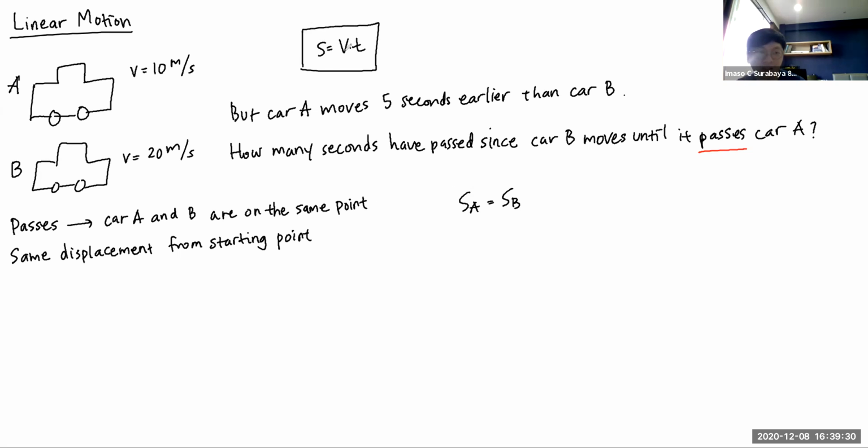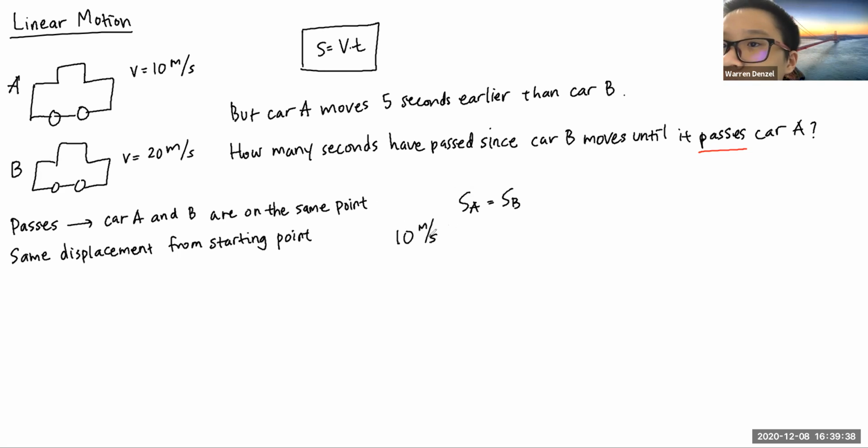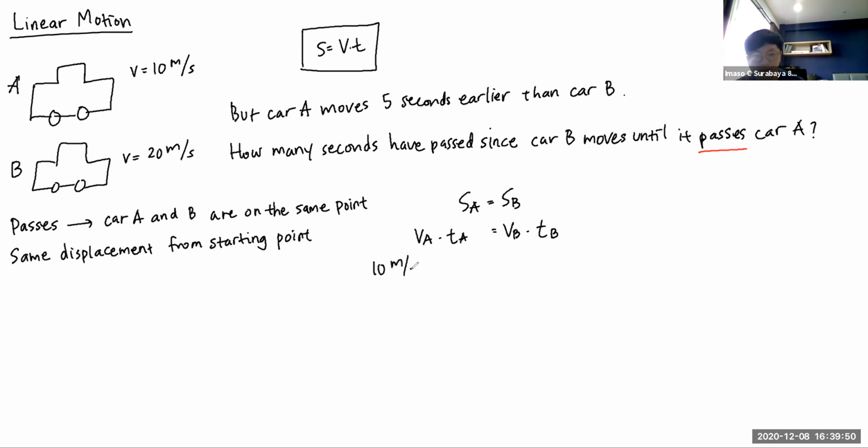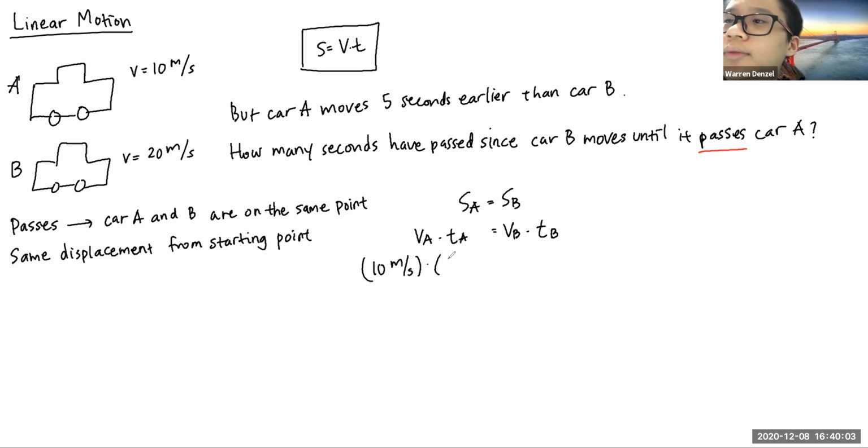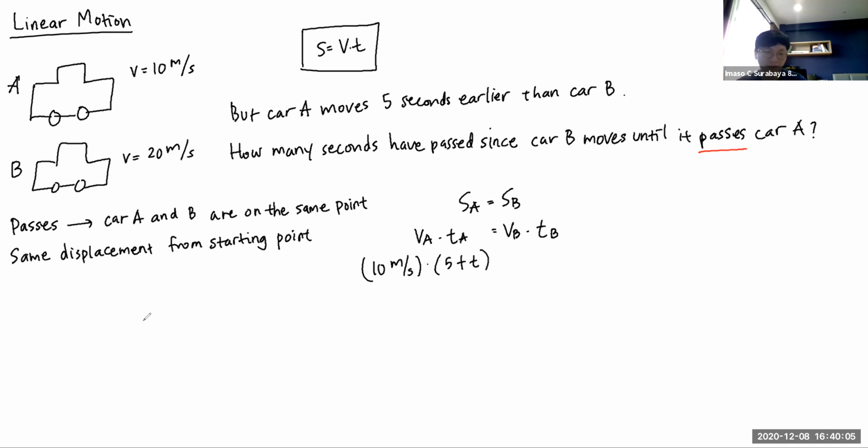So what is the V? The V is velocity, 10 meters per second. So 10 meters per second times, what is the time? The time is 5 plus T. What is T?